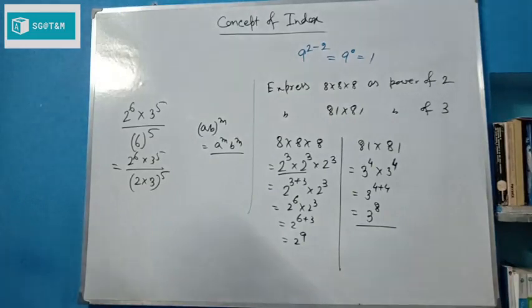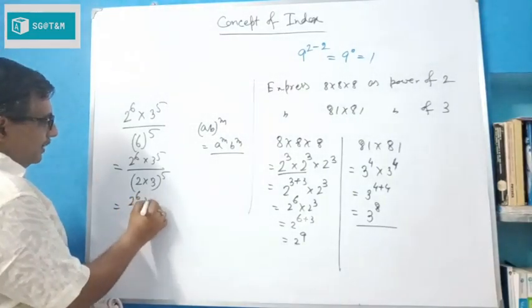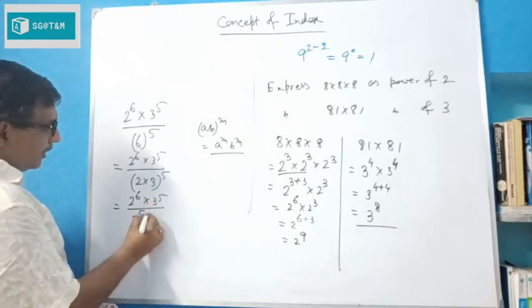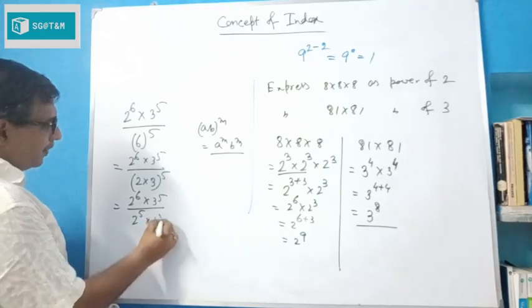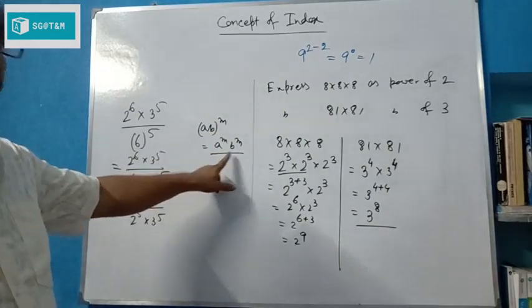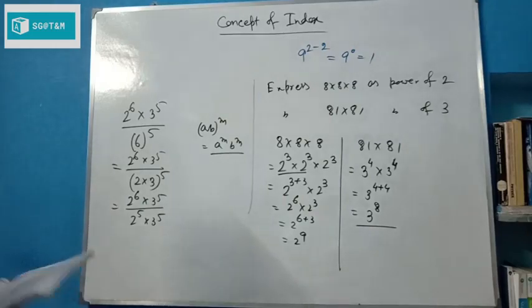So in the denominator, 2 to the power 6 into 3 to the power 5 by 2 to the power 5 into 3 to the power 5. AB whole to the power m is equal to a to the power m, b to the power m. So we can write in this way also.